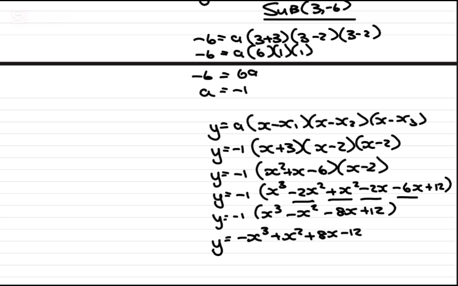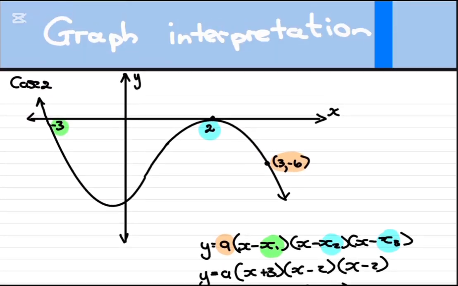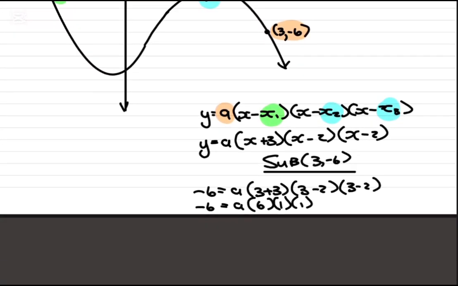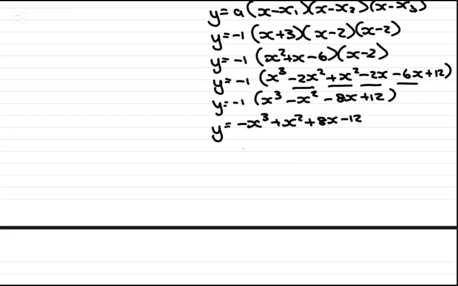So now did I answer the question? I did, because they said find the function, and we did. So this is the function. So this is my a value of negative 1, my b value of positive 1, my c value of positive 8, and my d value as a negative 12.